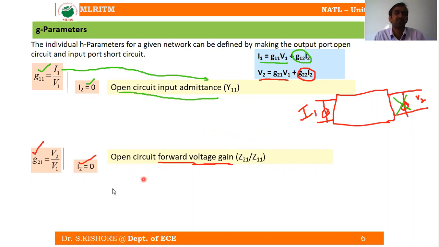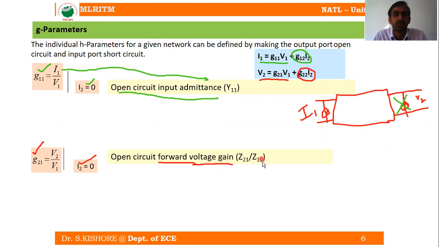And if you want to express this one, we have already obtained the parameters Z21 and Z11. So this is nothing but the ratio of Z21 to Z11. We know that Z11 is V1 by I1, and Z21 is V2 by I1.